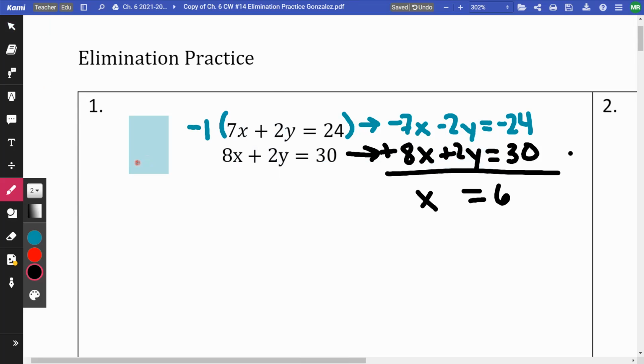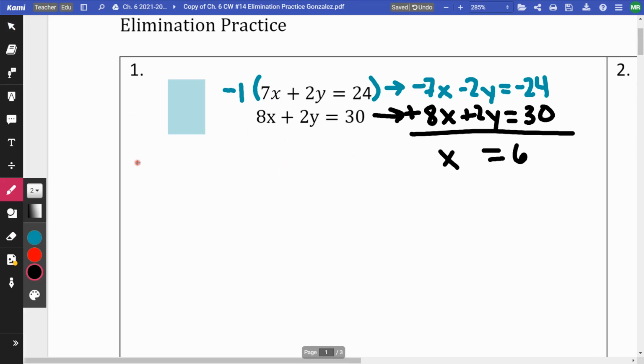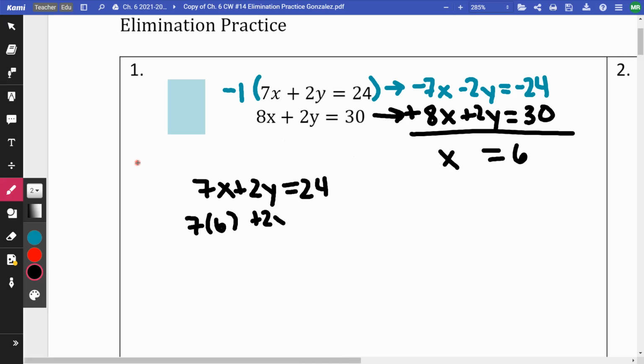Then I'm going to put this into either equation. I'm going to put it into the top equation. So 7x plus 2y equals 24. So I'm going to have 7 times 6 plus 2y is equal to 24. So I get 42 plus 2y equals 24.